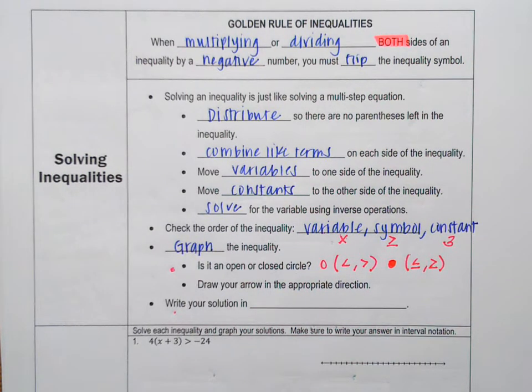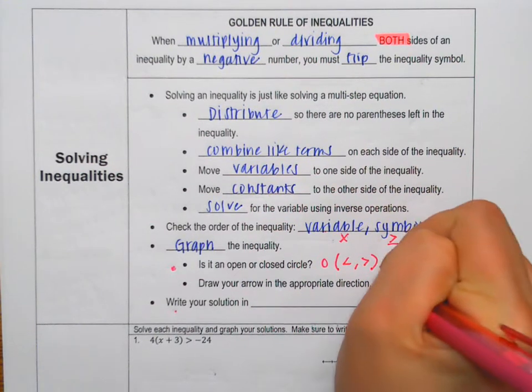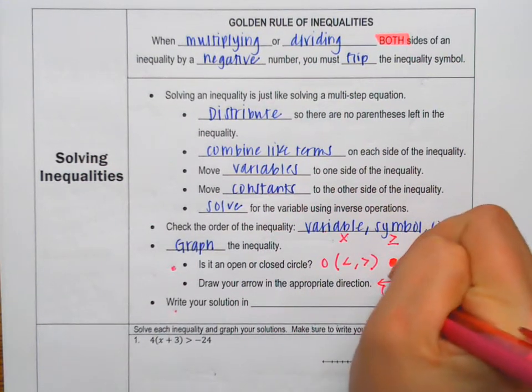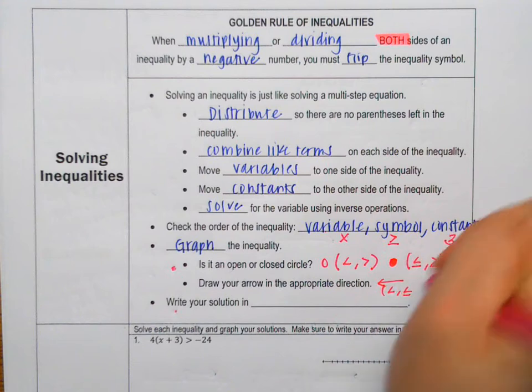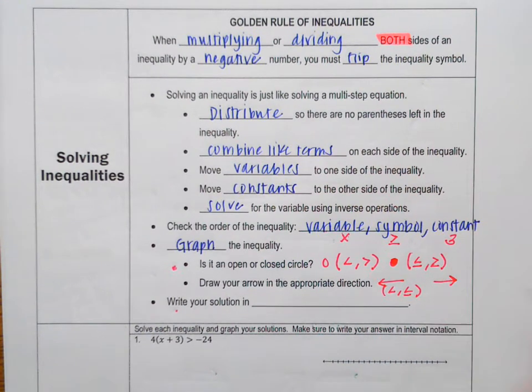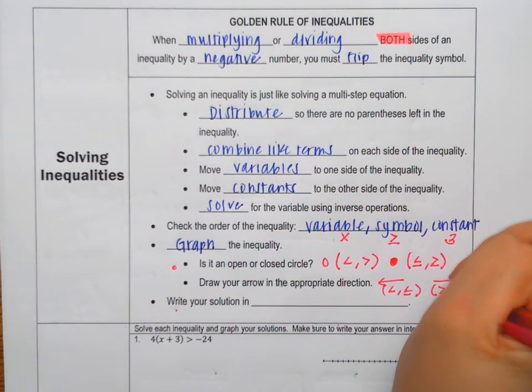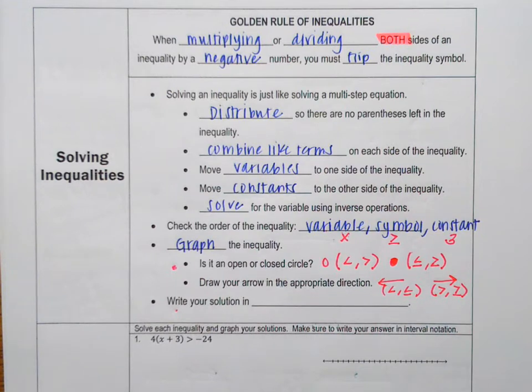And then we draw our arrow in the appropriate direction. So if it's going in the negative direction, it's less than or equal to. If it's going in the positive direction, it's greater than or equal to. And then we always want to write our solution in interval notation.